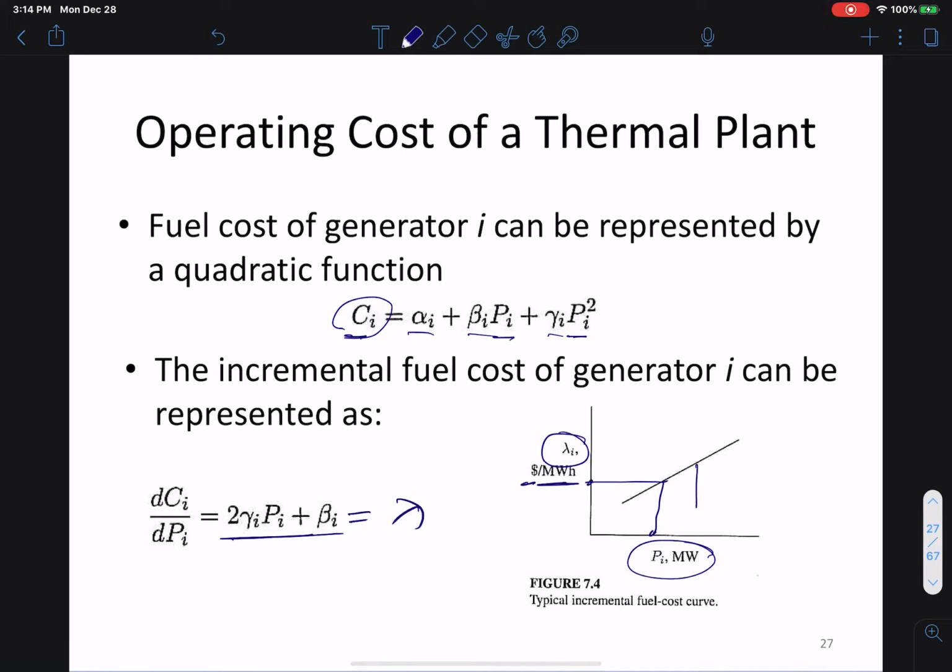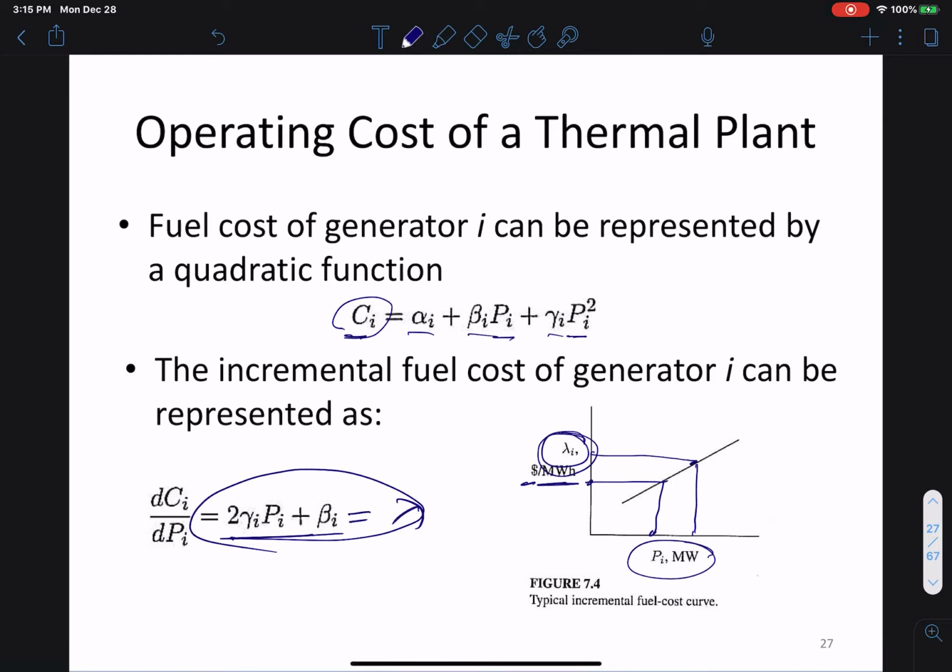If you go over here for this increment, how much is it going to cost? Lambda i tells you the incremental fuel cost. It's a linear function. If you want to go from one stage of power generation to the next, how much is it going to cost? That is given by the incremental fuel cost, and this is the equation right here.